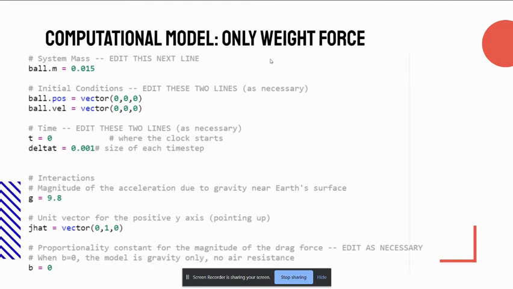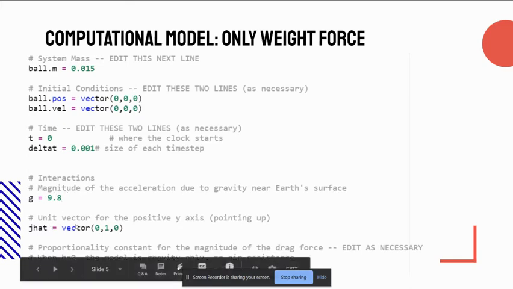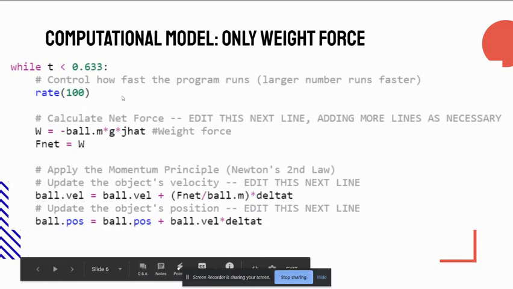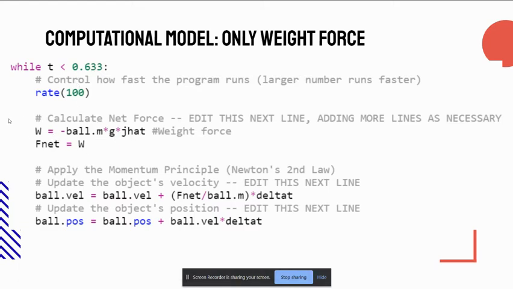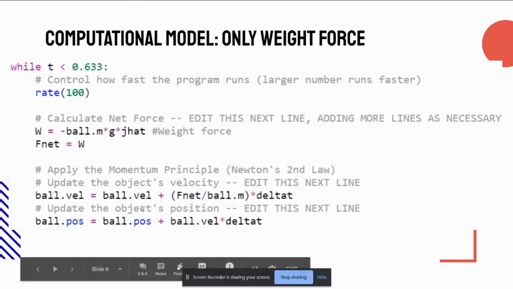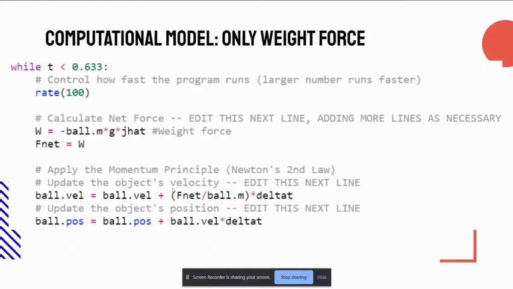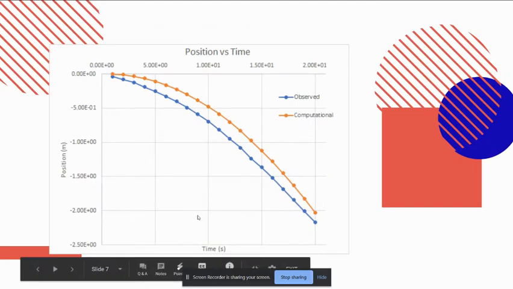For my computational model, using only the weight force, I inputted the necessary conditions, including the value of g, the direction, and the value of b, which only applies to drag force, so it is equal to 0 in this model. I inputted my time and the formula negative mg, which is the weight force, using the coding values, and updated the object's velocity and position.